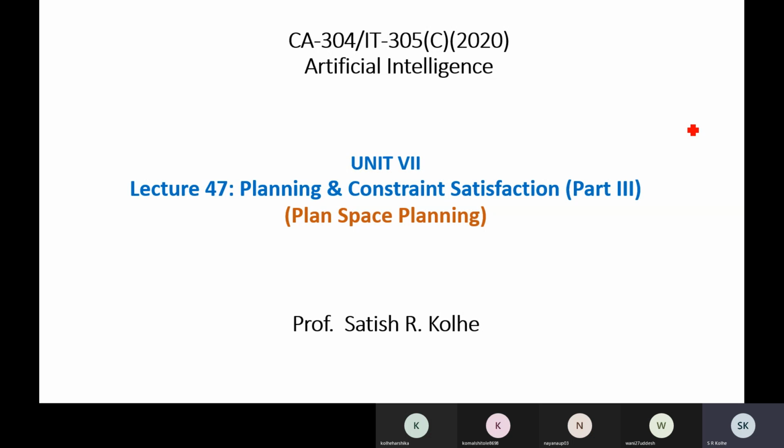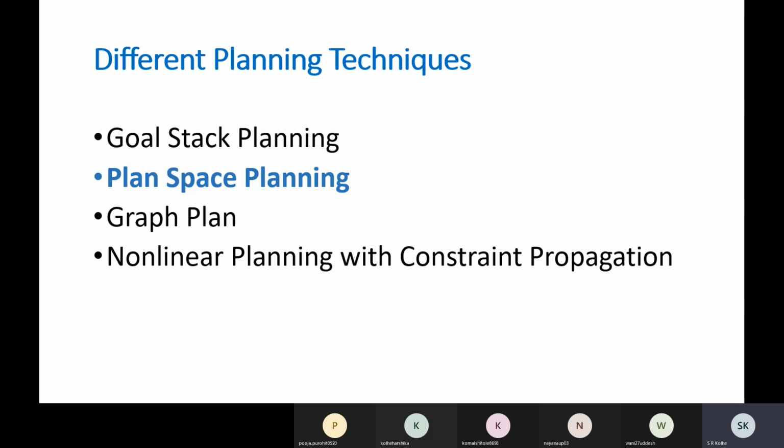So good morning everybody. In today's lecture, we will discuss another planning technique, that is plan space planning. Yesterday we saw the goal stack planning technique, in which we put the sub goals, that means the final goal containing sub goals, on the stack along with the operators.